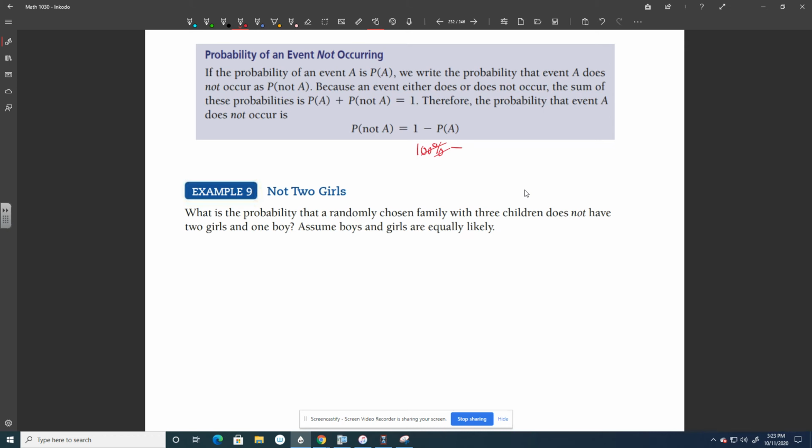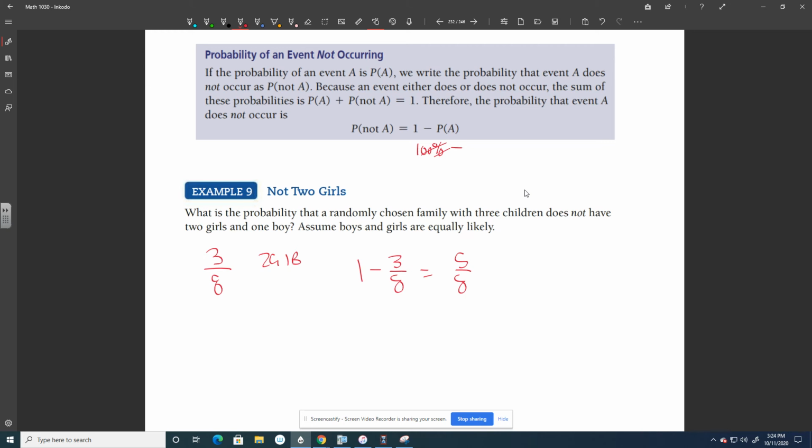Well, we decided like 2 problems ago that there was 3 out of 8 chances that you would have 2 girls and 1 boy. So the chances of that not happening are 1 minus that 3 out of 8, which is just equal to 5 out of 8 chances. You have 5 out of 8 chances of it not happening because you have 3 out of 8 chances that it does happen. All right.